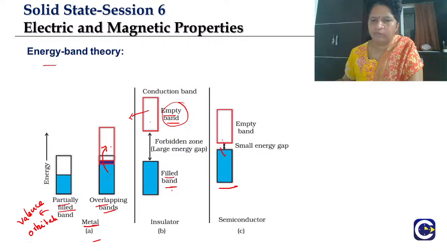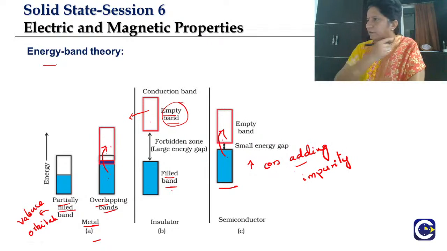It can move from this band to this band either by heating or adding impurity. We can increase its conductivity either by adding an impurity or heating it.